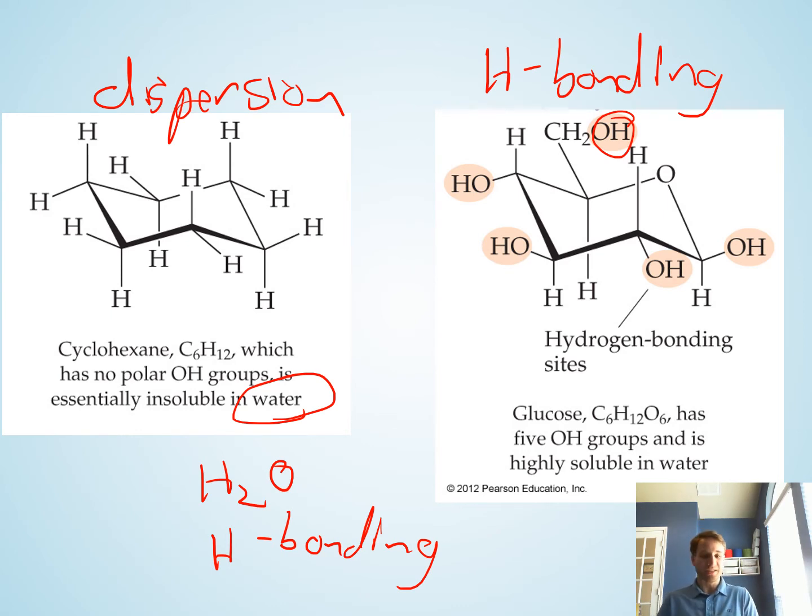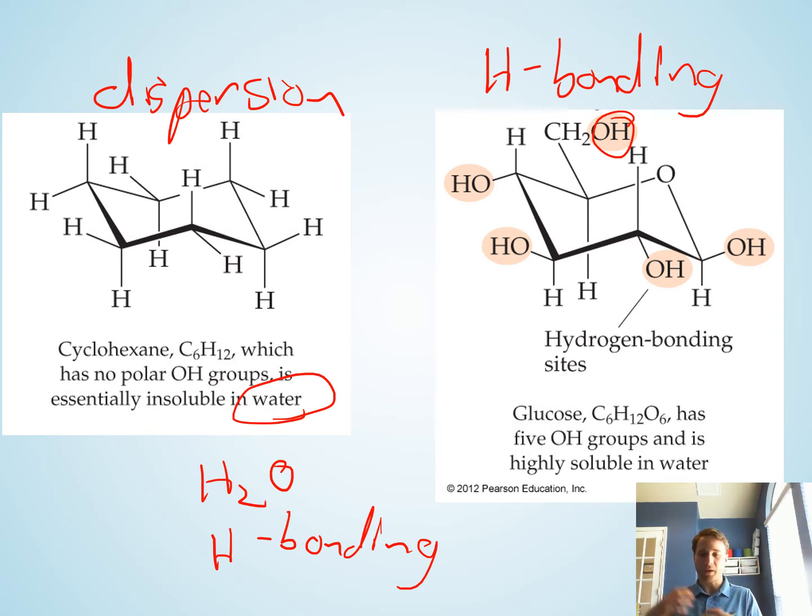And this time it's easy to break apart the cyclohexane molecules because they just have dispersion interactions, so they're not very strong forces holding them together. But I also have to break apart my solvent molecules. I have to break the water molecules apart to fit in the cyclohexanes, and the water has these very strong hydrogen bonding interactions.